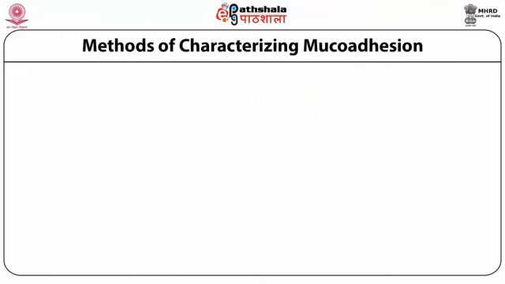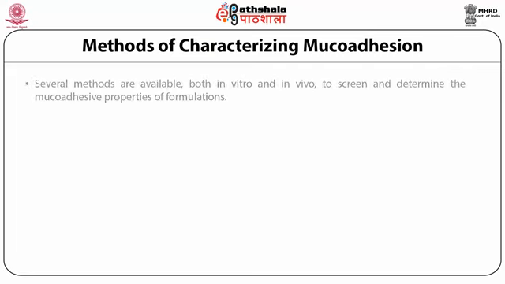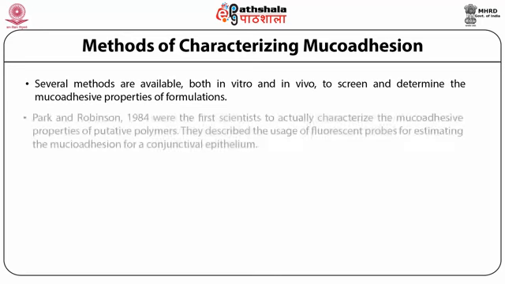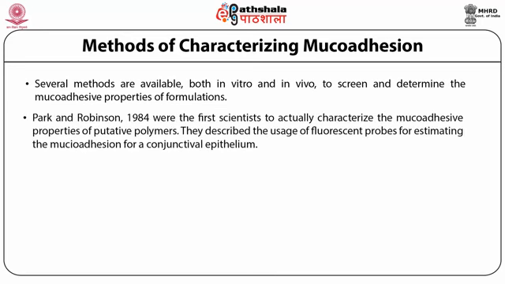Methods of characterizing mucoadhesion. Several methods are available, both in vitro and in vivo, to screen and determine the mucoadhesive properties of the formulations. Park and Robinson, in the year 1984, were the first scientists to characterize the mucoadhesive properties of the putative polymers.